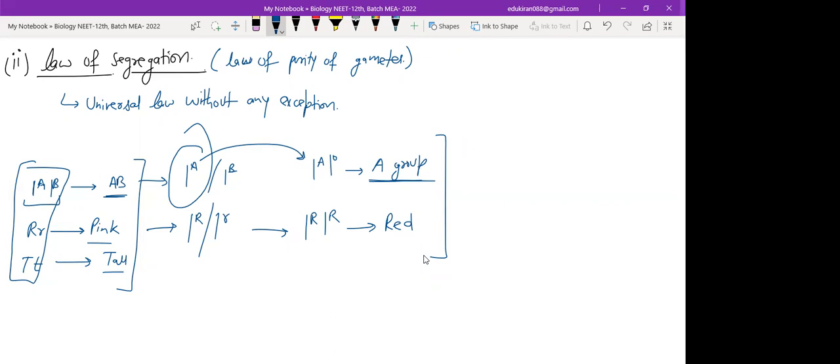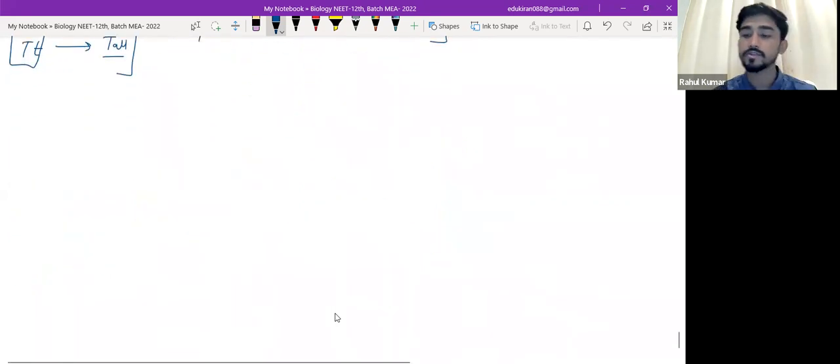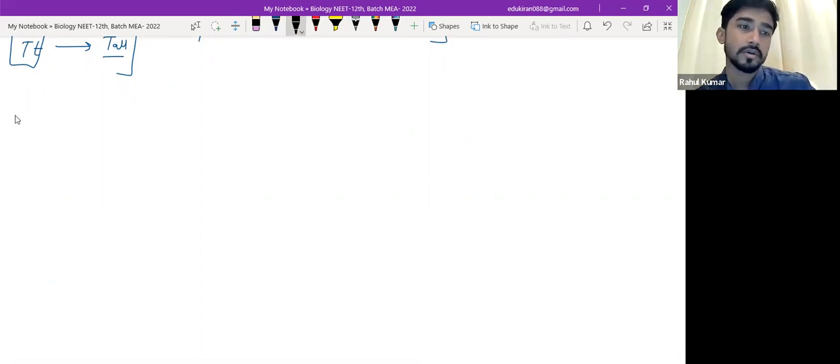Now write down the third law. Before going to the third law, the third law is called the law of independent assortment. The second law does not have any exception, so you just have to understand the law.